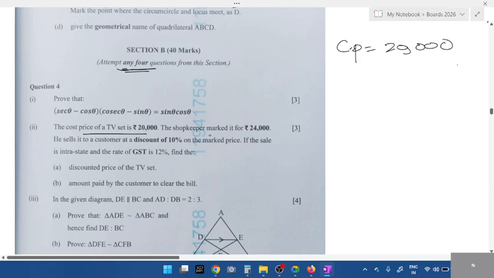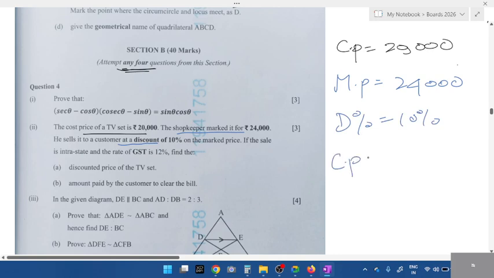Cost price is 20,000. And the shopkeeper marked it for how much? 24,000. He sells it to the customer with a discount. What is the discount percentage given? 10%. So what will be the price after discount, students? How much do you have to reduce? What is the discount amount?